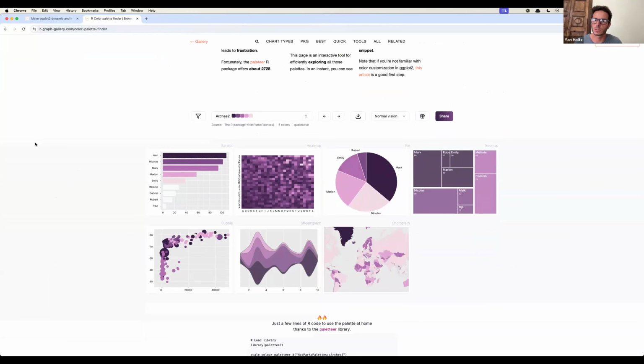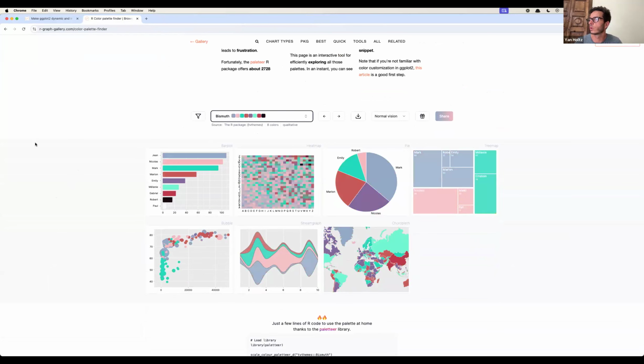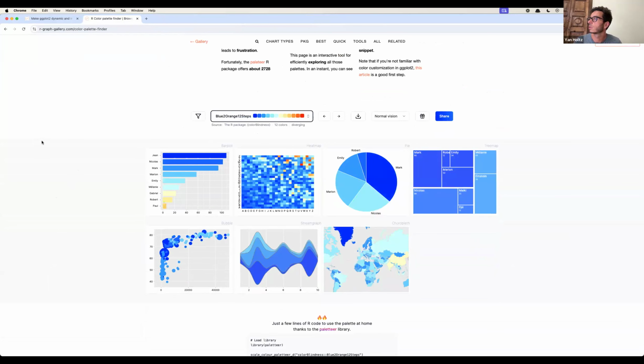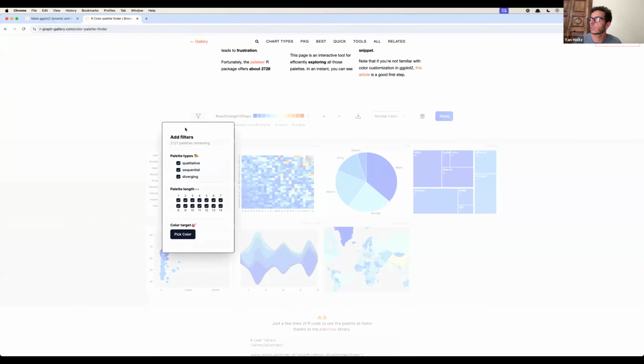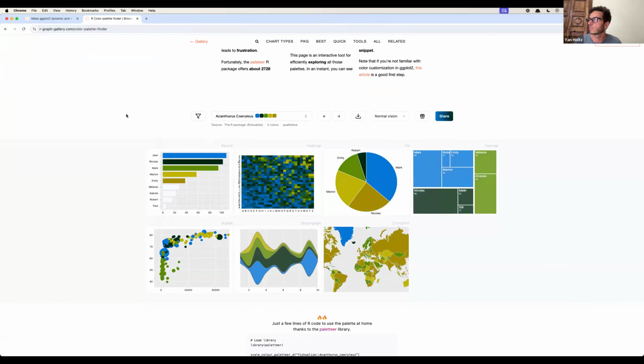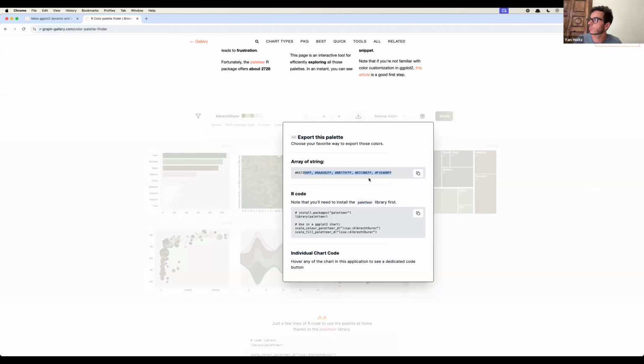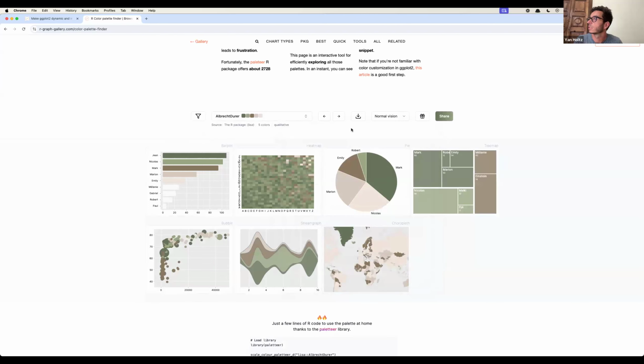It's very convenient because you can use your keyboard and go very quickly from one palette to the other, and choose the one you like. You can say you don't want only qualitative palettes, and then they are all going to be qualitative. You can click on it to have the detail of the colors.